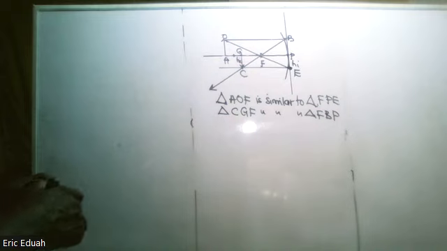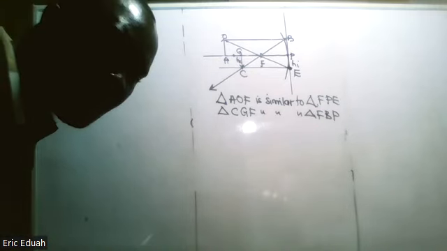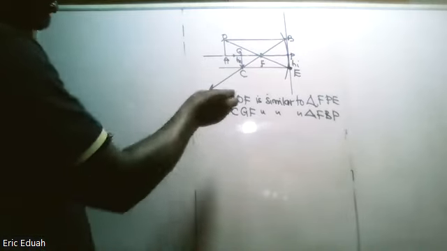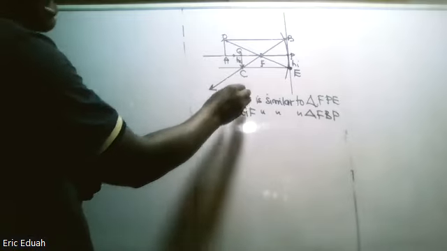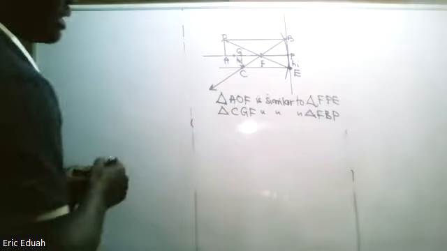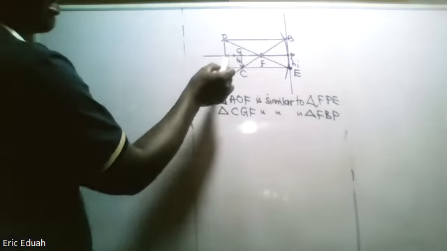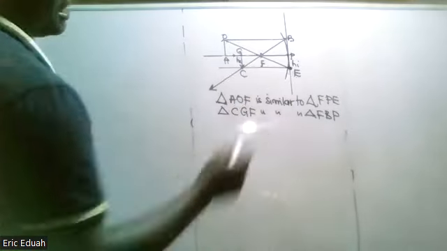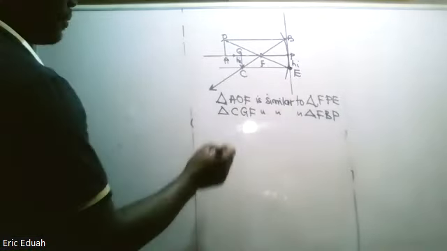Now, when triangles are similar, the ratio of their sides are equal. So if you pick the ratio of the side of this to this, it must be equal. This and this must be equal. So let's consider AOF and FPE, the first one.